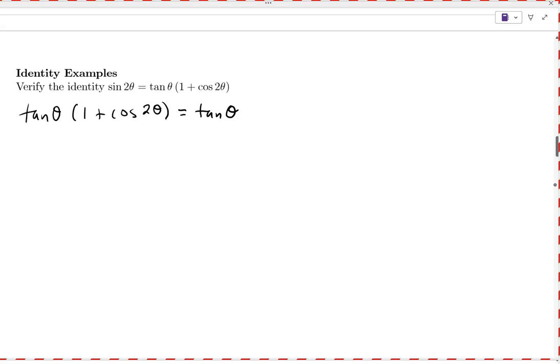Good. If I use the 2 cosine squared theta minus 1, then I just have tangent theta times 2 cosine squared theta, because the 1's cancel.